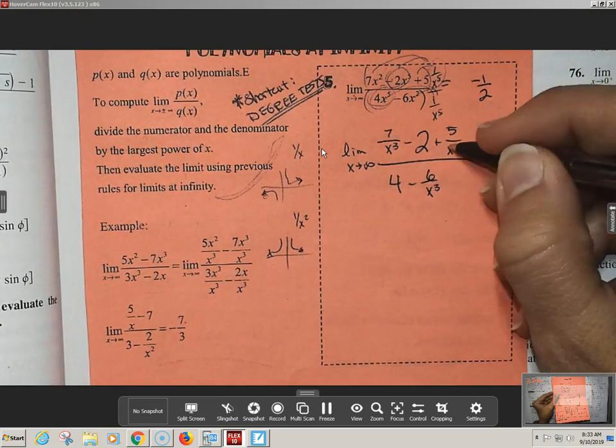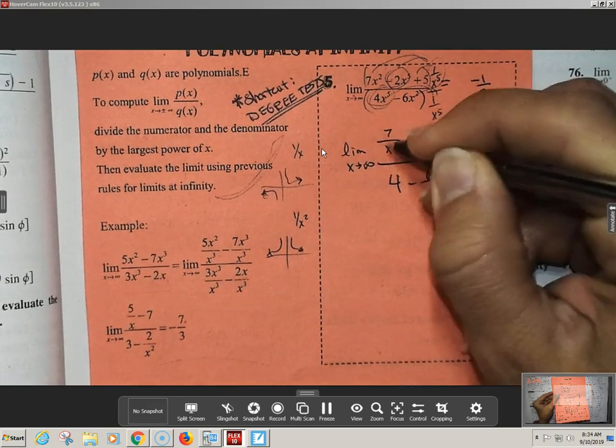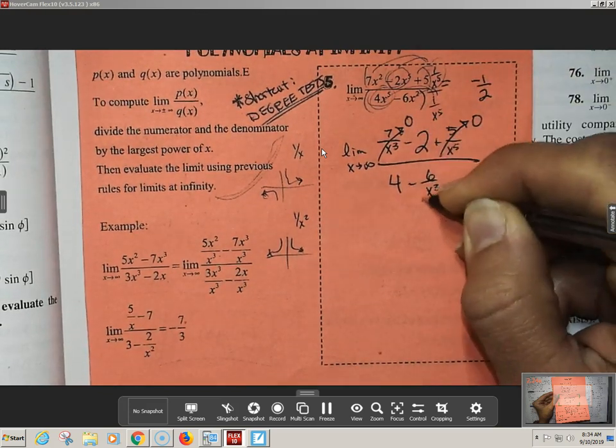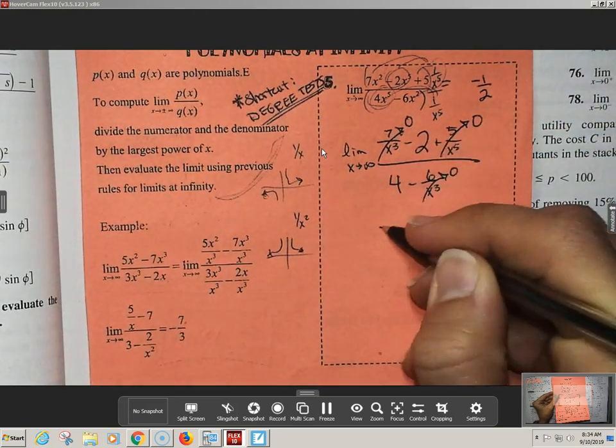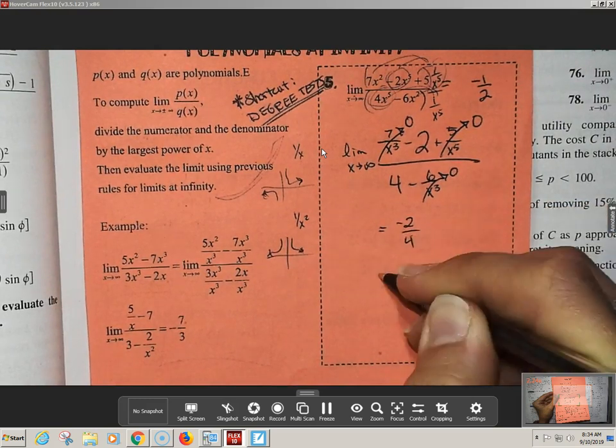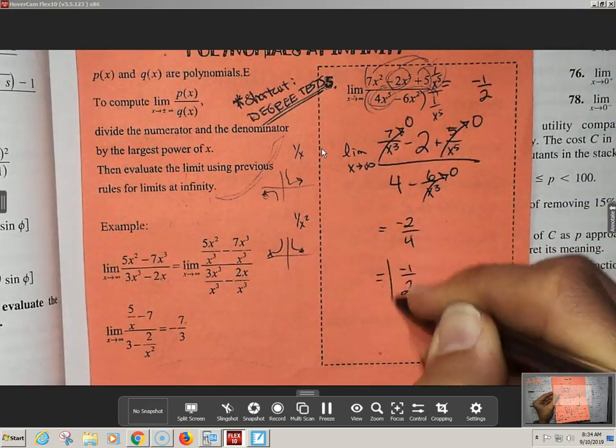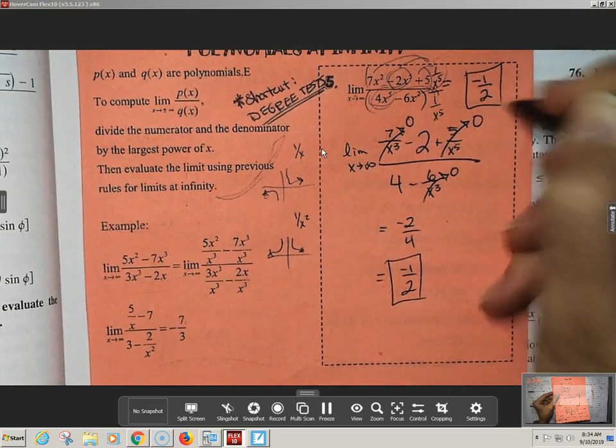So the nice thing is every little piece, based on my basic rules, every little piece that has a denominator goes to 0. And what's left, cool kids? Negative 2 over 4, and negative 2 over 4 reduces to negative 1/2. Were we right? Yes. Yes, we were.